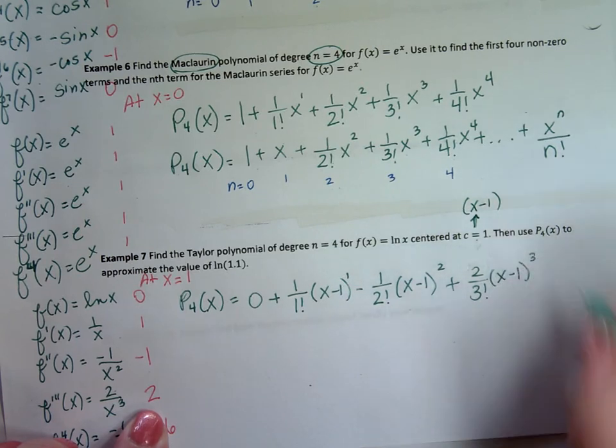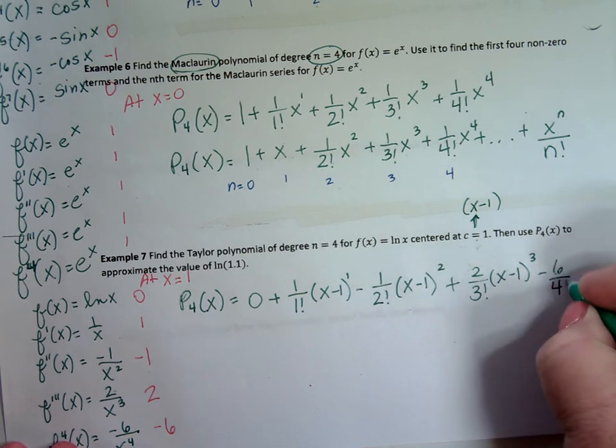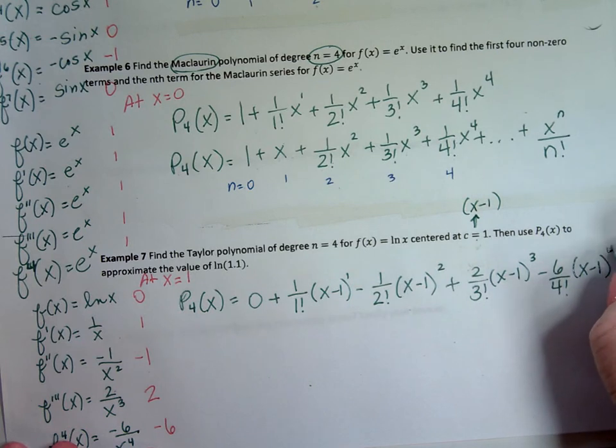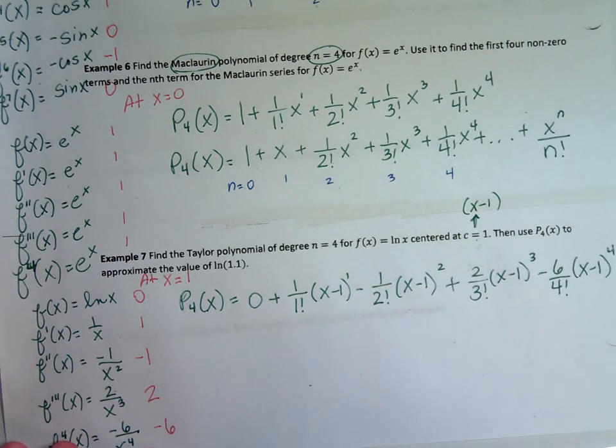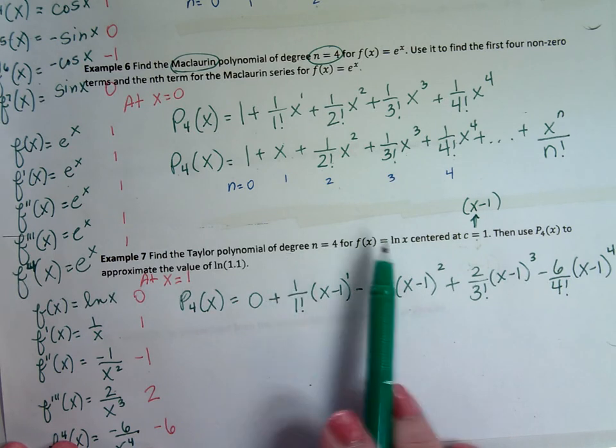And then minus 6 over 4 factorial x minus 1 to the 4th.